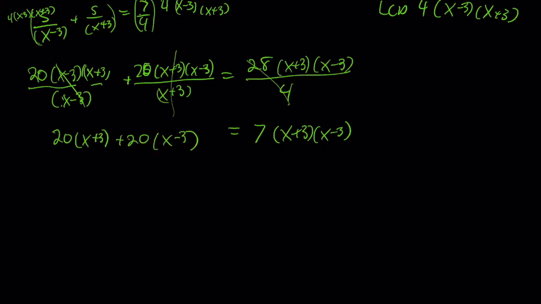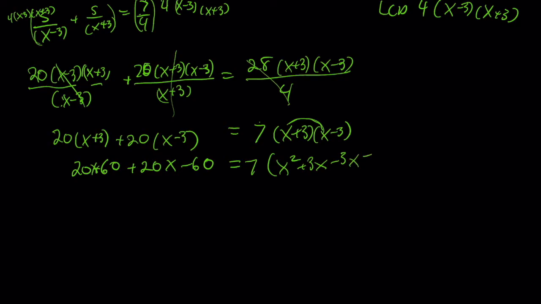So let's go ahead and distribute. I've got to go ahead and FOIL over here. x squared plus 3x minus 3x minus 9. Now I can get my terms to cancel.